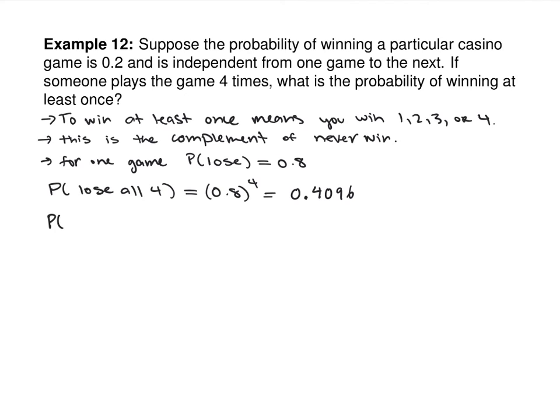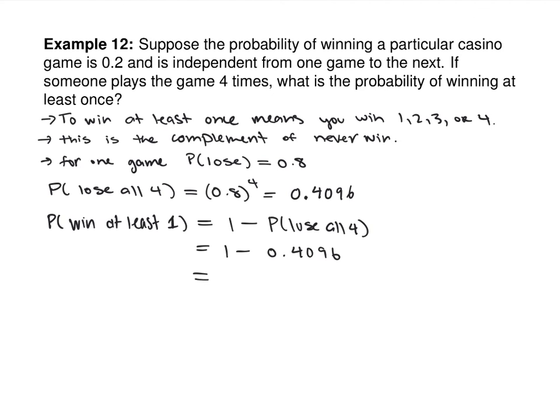So the probability that you will win at least 1 is 1 minus the probability that you lose all 4, which is 1 minus 0.4096, or 0.5904.